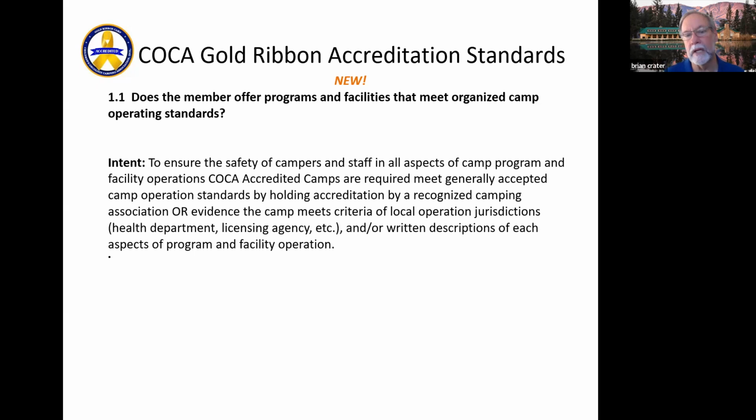Our camps have said to us we need more guidance on the standard: how do we know that we're really meeting what would be considered general or acceptable camp practice? And so COCA has reviewed this one standard and has done an update in this new October 21st version of the standards that we're asking everybody to follow for this cycle.